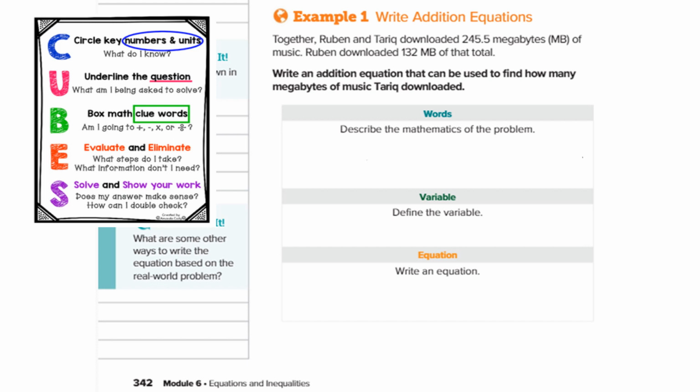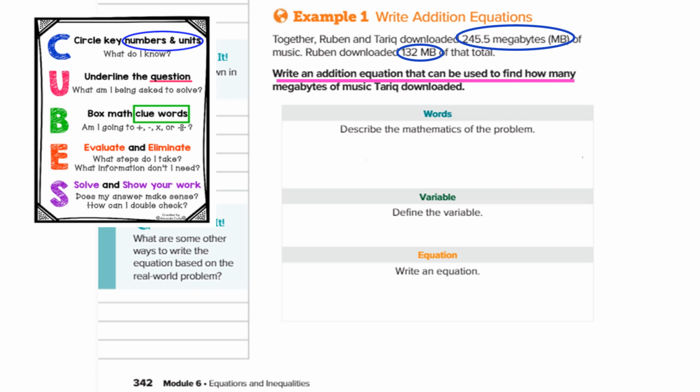Together, Ruben and Tarek downloaded 245.5 megabytes of music. Ruben downloaded 132 megabytes of that total. Write an addition equation that can be used to find how many megabytes of music Tarek downloaded. So I know that I have 245.5 megabytes that they downloaded together. Ruben downloaded 132 megabytes on his own.